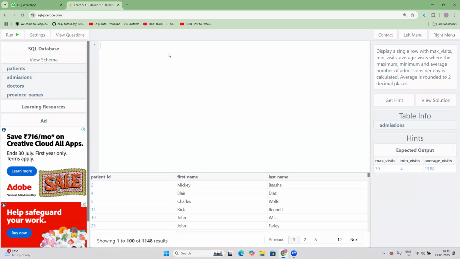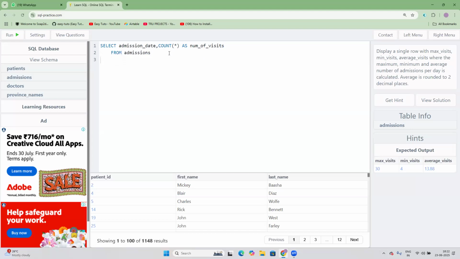I'll write something. I'll just write select. Now, guys, try to understand the logic. Admission date. I'll do count of star, and we'll do it as number of visits, from admissions table.